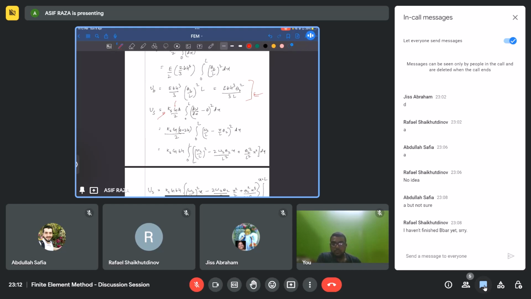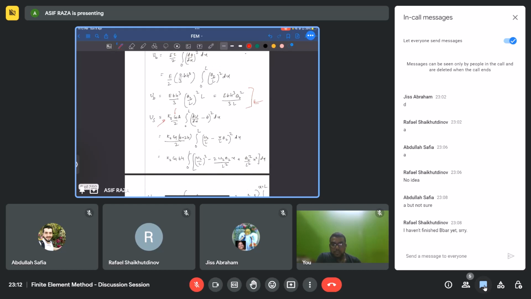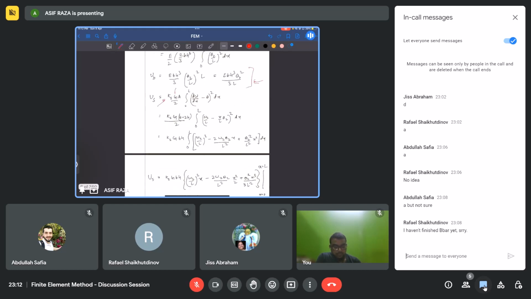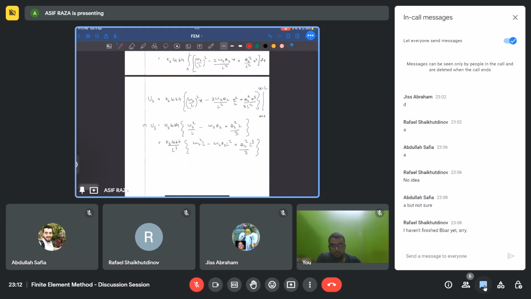So K s G A by 2, we need to integrate over the domain, and the function under the integration is (dw by dx minus theta) squared dx, and the rest is just substitution and solving it.